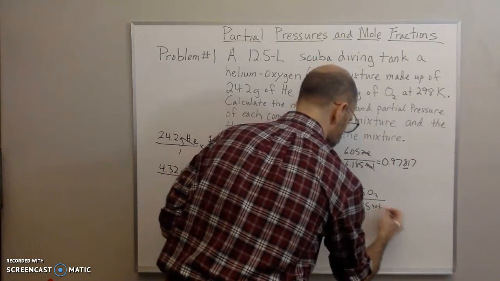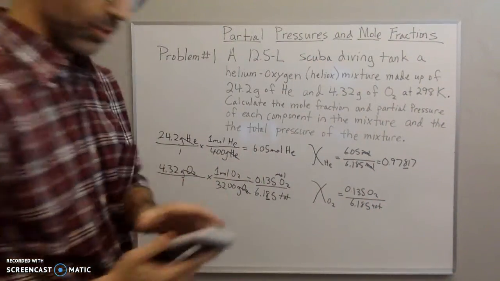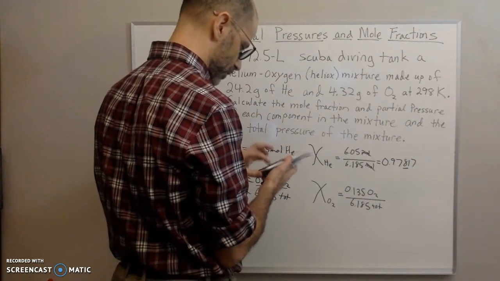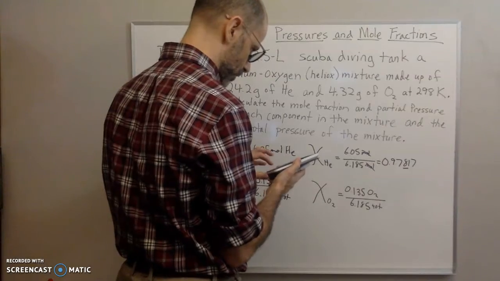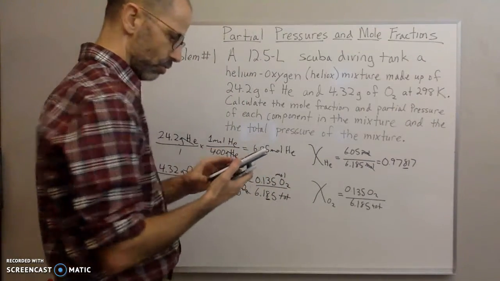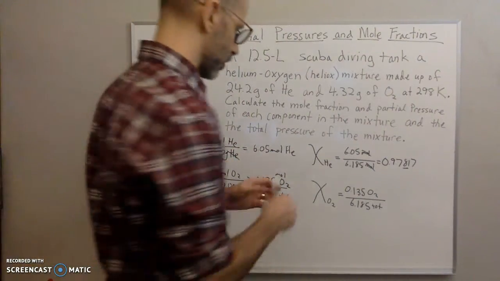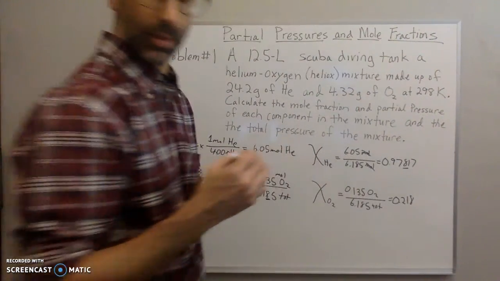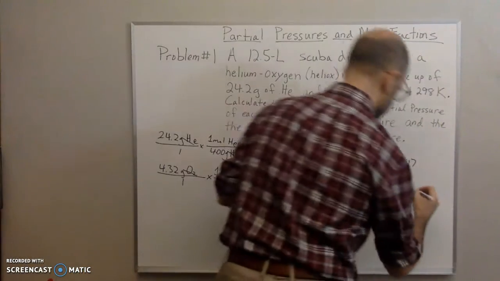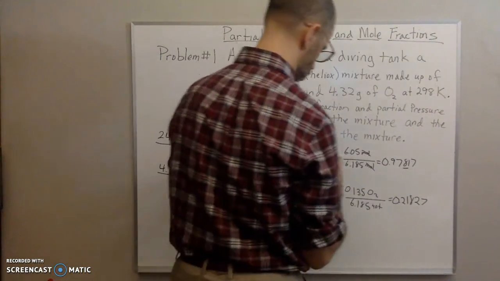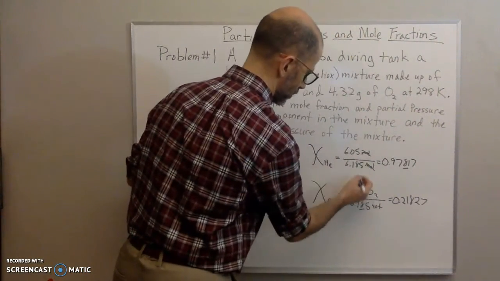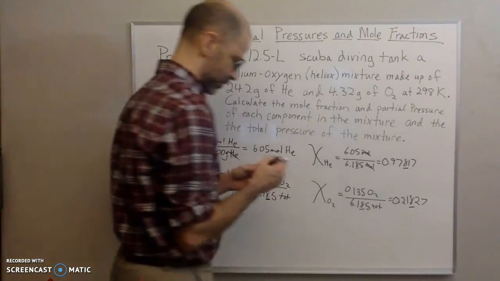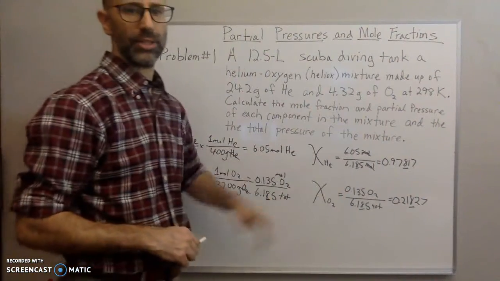If I do that calculation, 0.135 divided by 6.185 equals 0.021827. Again, 3 sig figs, so I'm only allowed 3 sig figs, so it stops there. So now I have my mole fractions again.